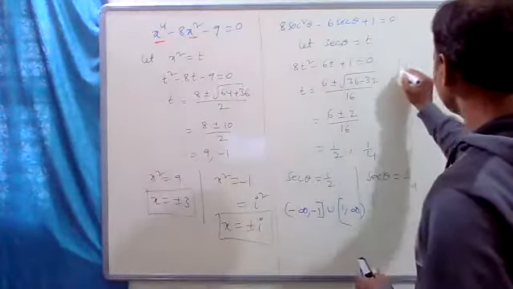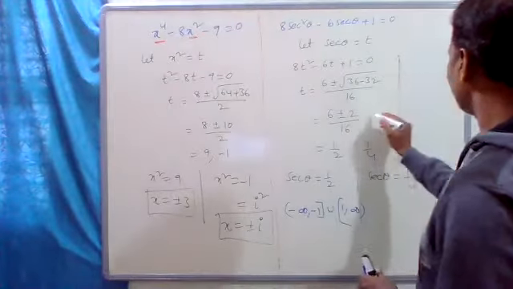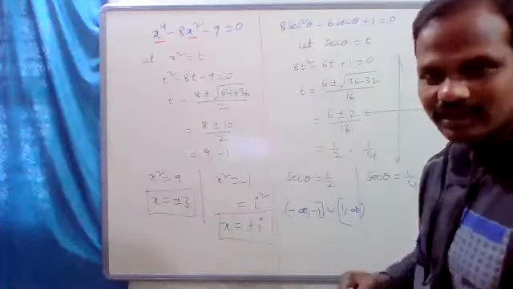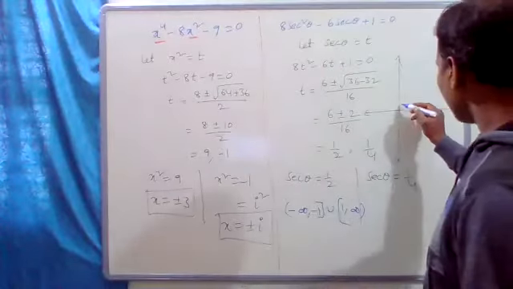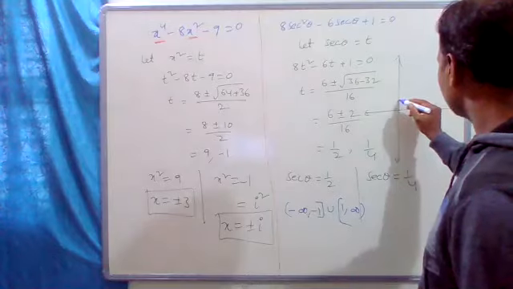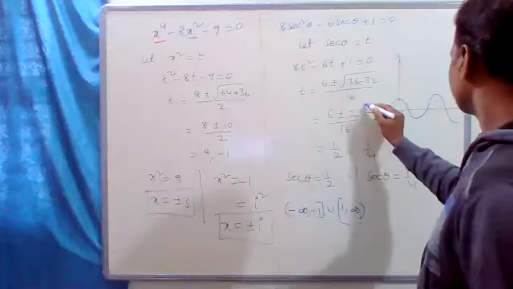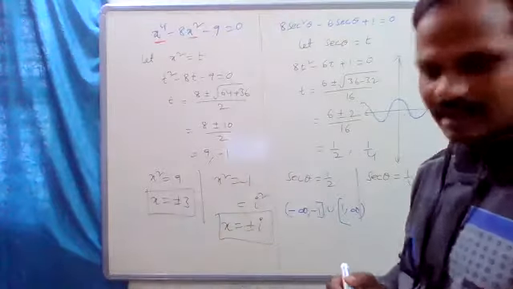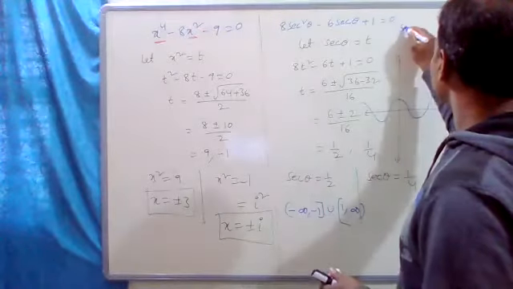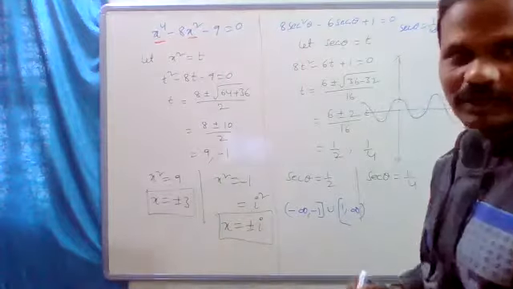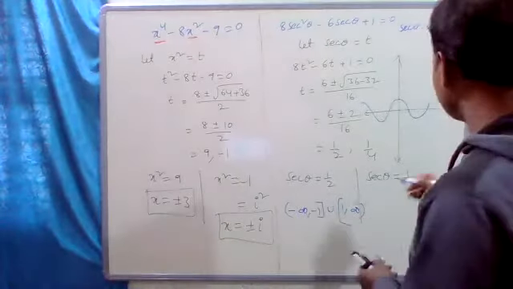So what is the graph? Take a graph. Let us take the cos x graph, cos 0 is 1. So this is cos x. But what is secant theta? Secant theta equals 1 by cos theta, the reciprocal.